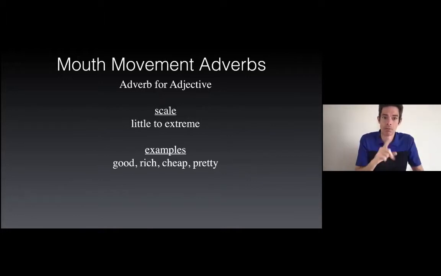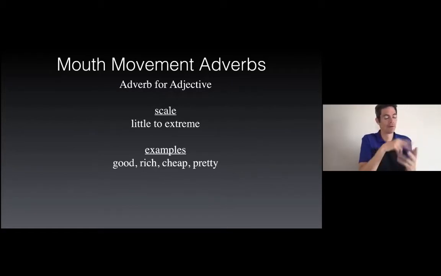If it's really good, that's the mouth morpheme that I use. Rich is like a little rich, but this mouth morpheme is really rich. And so you can say cheap or super cheap, pretty or extremely pretty. So you can see on my face the difference in meaning.